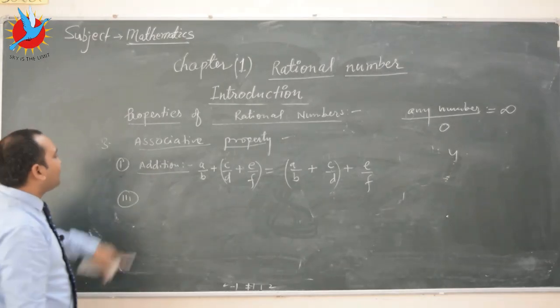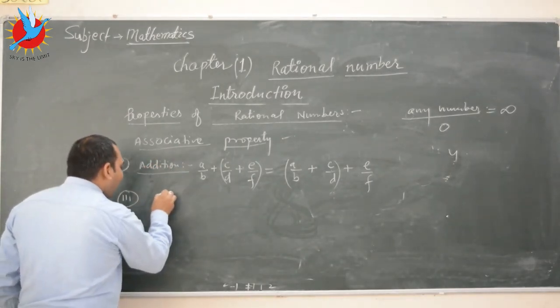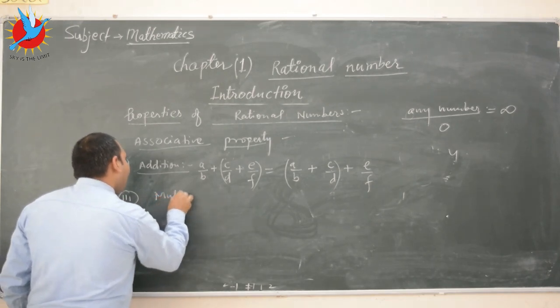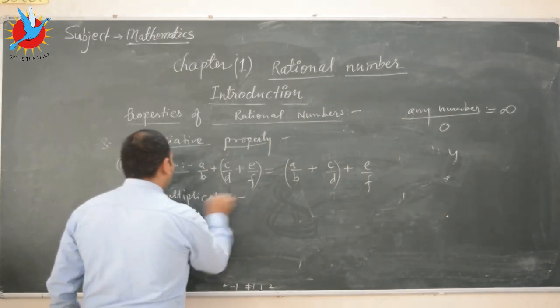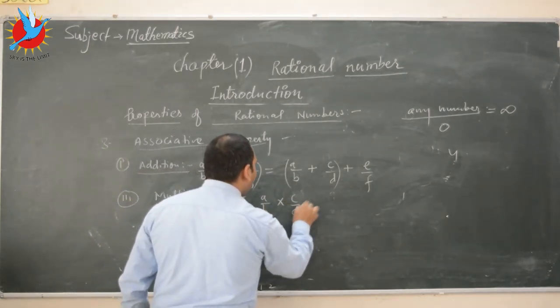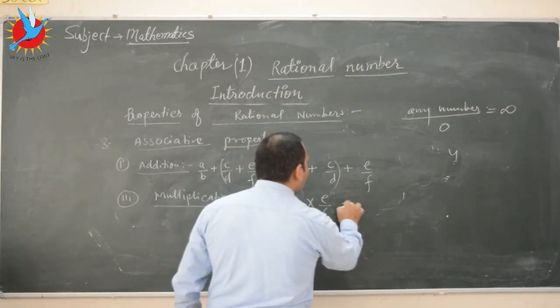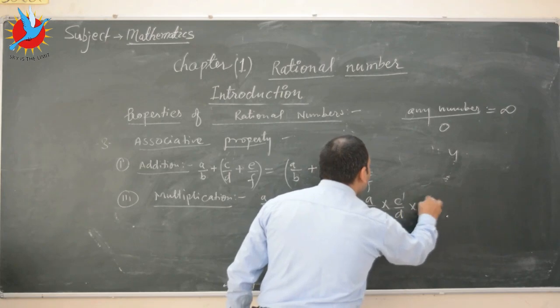Second, multiplication. Multiplication also satisfies the associative property because here a upon b into (c upon d into e upon f) is equal to (a upon b into c upon d) into e upon f.